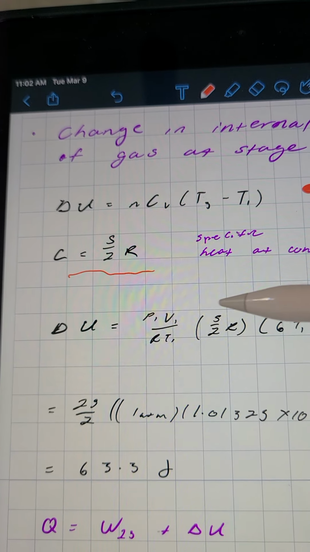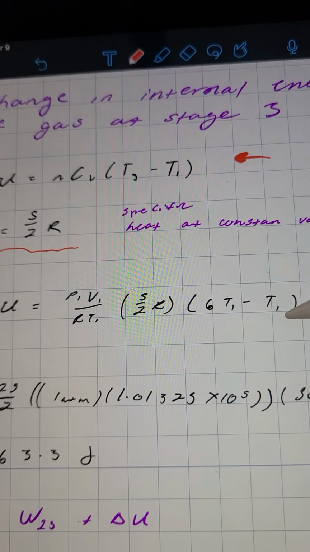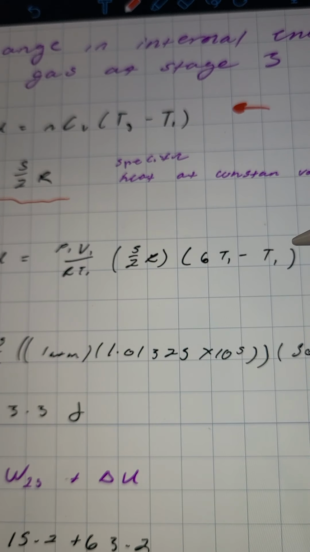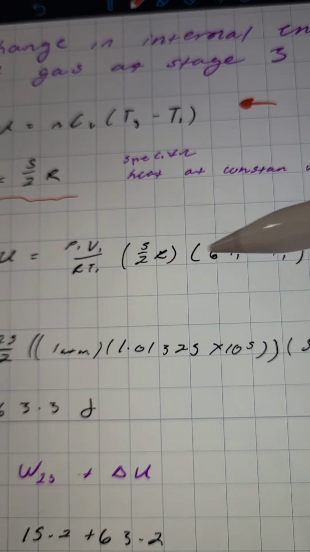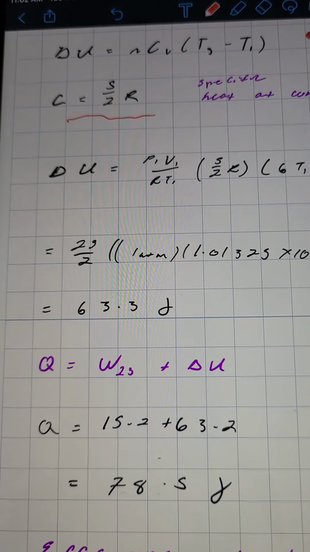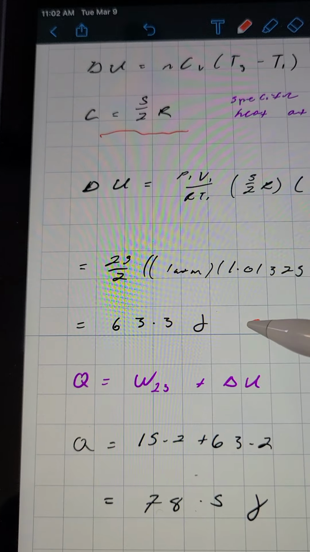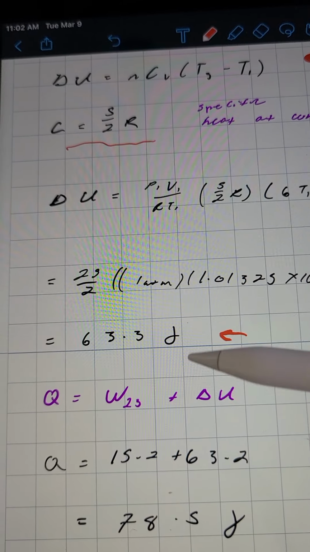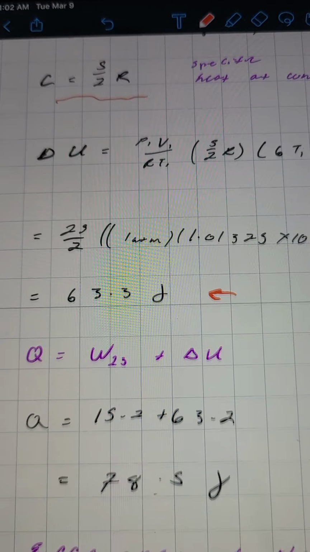So when plugging everything in, this is what our equation is going to look like. And again, when solving for that and making sure that we convert everything, we're going to get 63.3 joules.